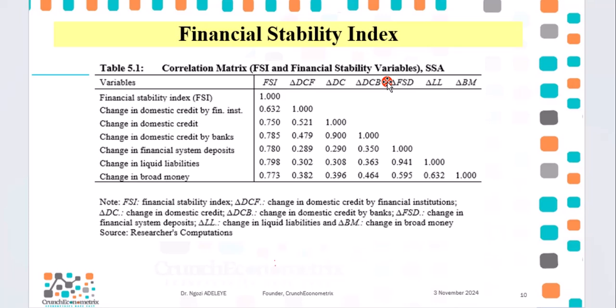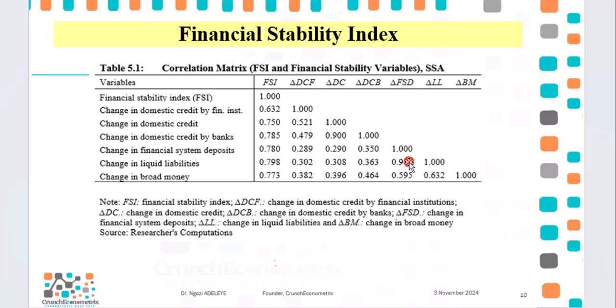But even at that, if you see the change in domestic credit and the change in domestic credit by banks, the correlation coefficient is 0.900, indicating highly strong correlation. Also, the change in financial system deposits and change in liquid liabilities have 0.941 as a correlation coefficient. Therefore, given strong relevance for me to create an index.